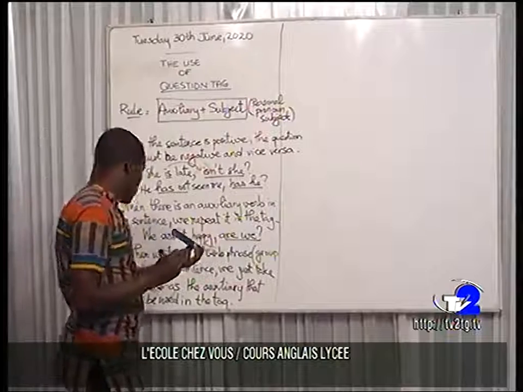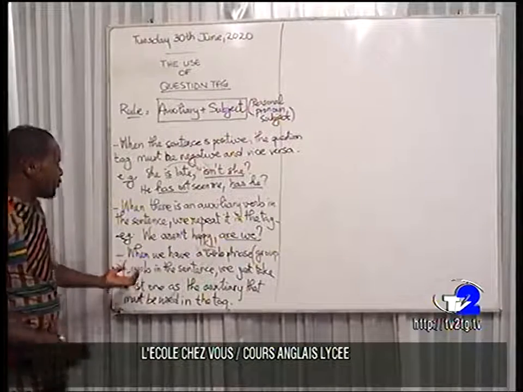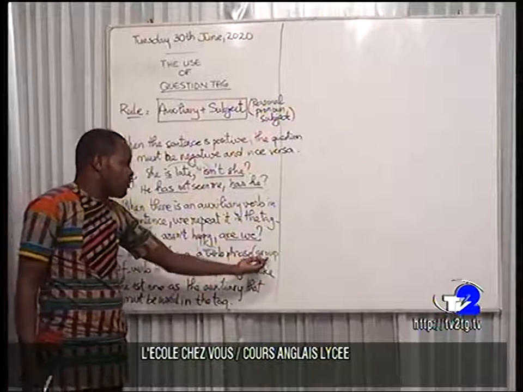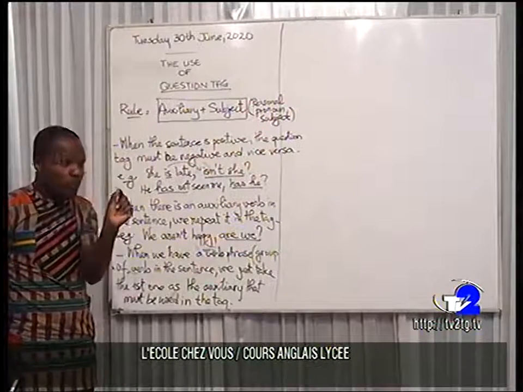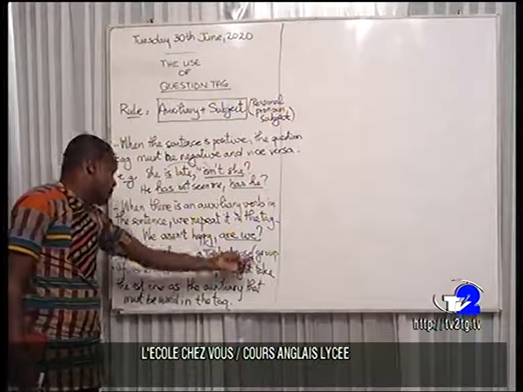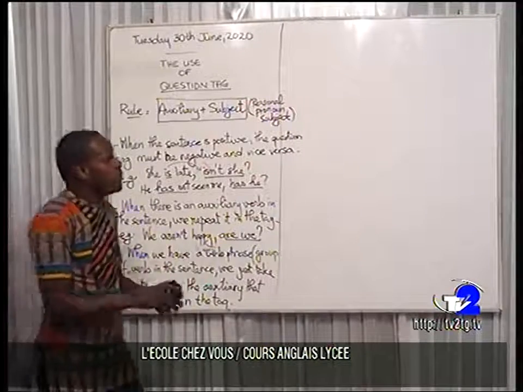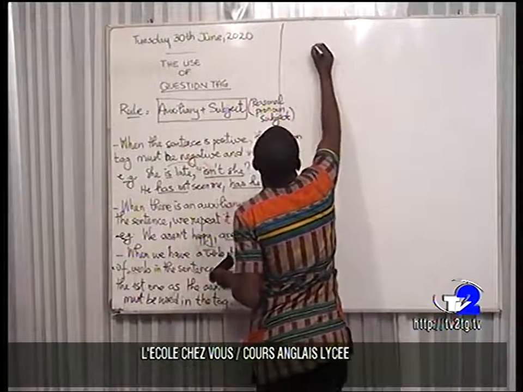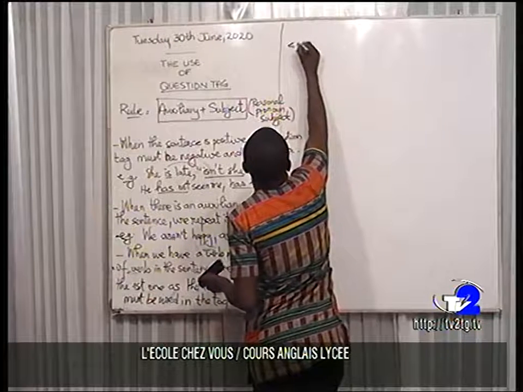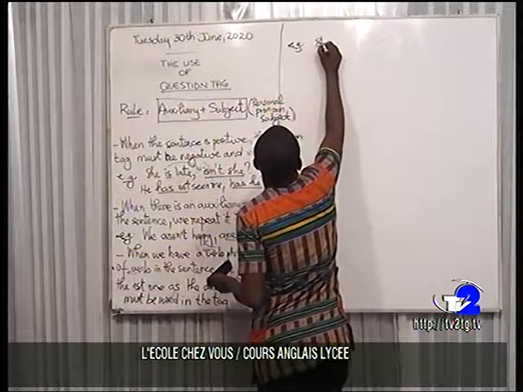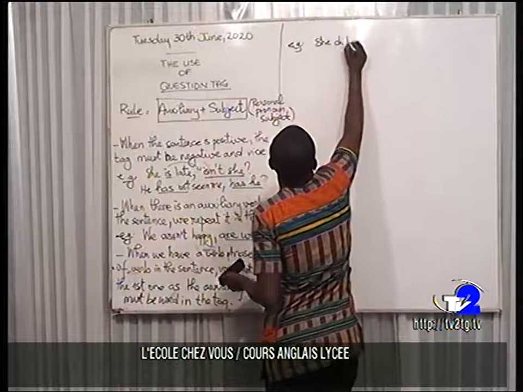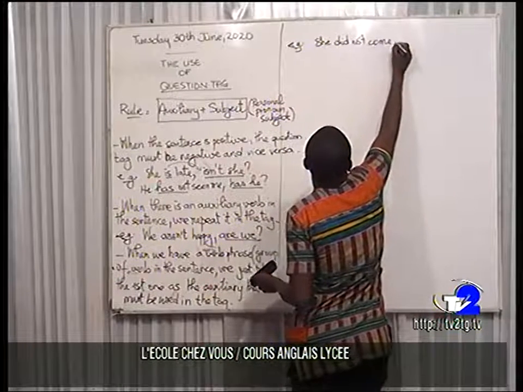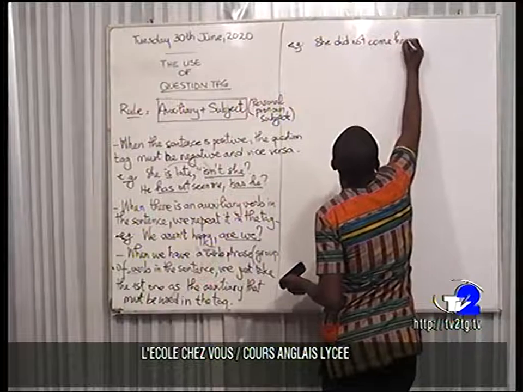Let's take this example. A verb phrase is a group of verbs. It can be only one verb, or it can be two verbs or three verbs. For instance, she did not come home.